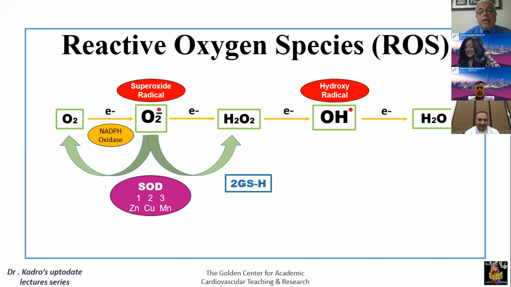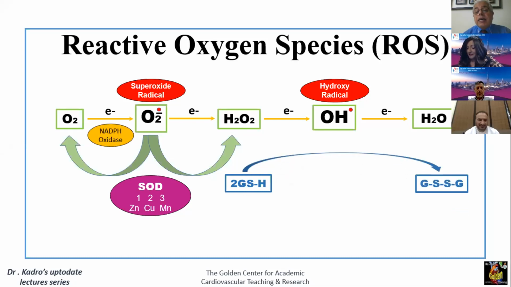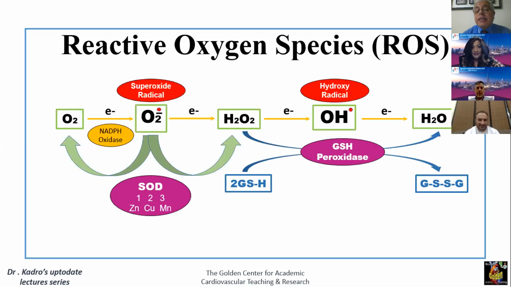The other mechanism is glutathione. The reduced form is converted to an oxidized form, and that causes hydrogen peroxide to be converted to water through an enzyme called glutathione peroxidase.